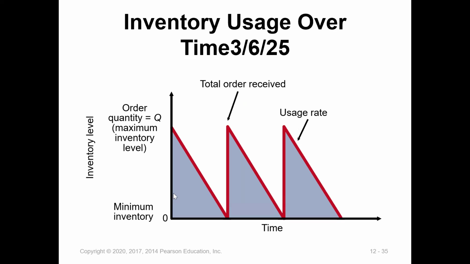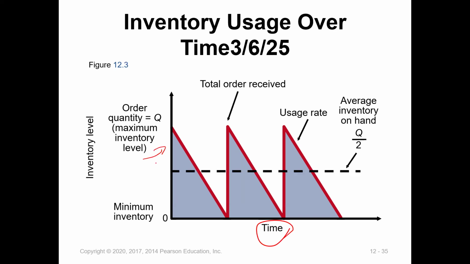We said here, this is the time with inventory. This is the inventory. So when we order the inventory, let's say we are selling phones, for example. At this time, we order 100 phones. So we have 100 phones here, right? And then we start selling. So the number will go down until we reach zero.